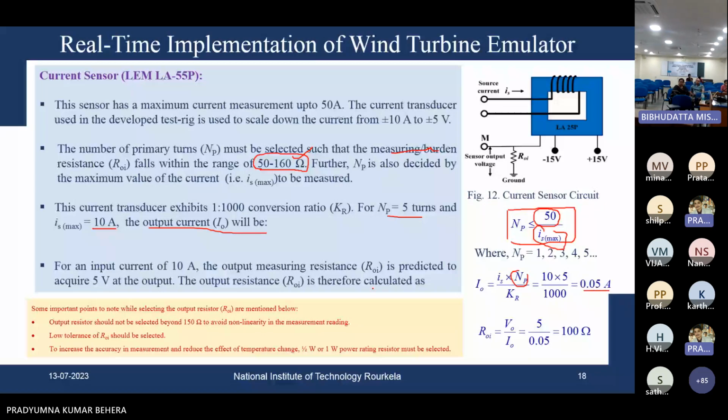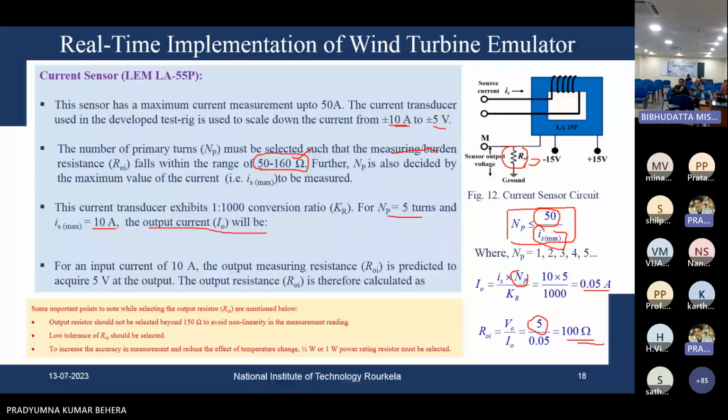So for an input current of 10 ampere, the output burden resistance is predicted to acquire a 5 volt output. So basically we are trying to scale down the current of 10 ampere to 5 volt. So the output voltage is 5 volt. Upon dividing by I0, we are getting 100 ohm. So the burden resistance selected here will be 100 ohm, this one.